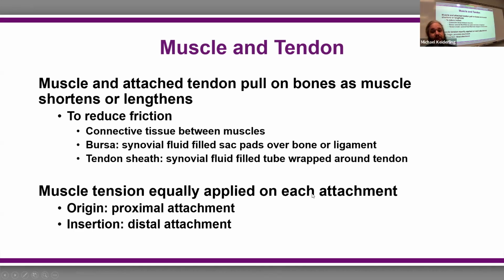And muscle tension is equally applied on each attachment. The origin is the proximal attachment and the insertion is the distal attachment. Both ends of the muscle pull in, but one side is tied to the bone, the other side is tied to the far side of a joint.